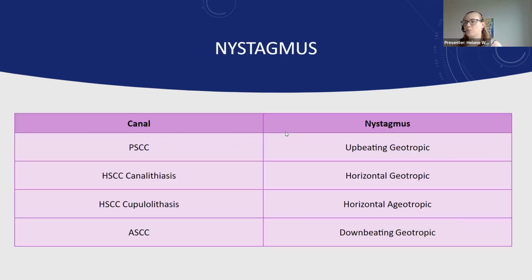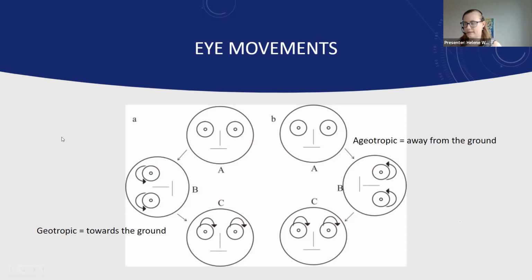So just a little bit more on the type of eye movements that we'll be looking for during the assessment. We'll be looking for the direction: horizontal, vertical, or whether it's rotational or torsional. We're also looking at what direction the rotation is occurring in. It might be towards the ground, which we call geotropic, or away from the ground, which we call ageotropic.